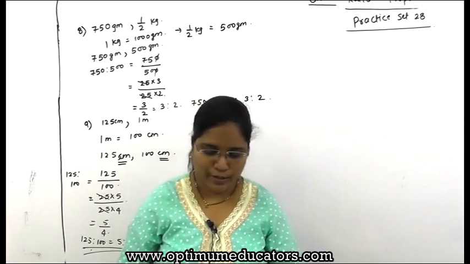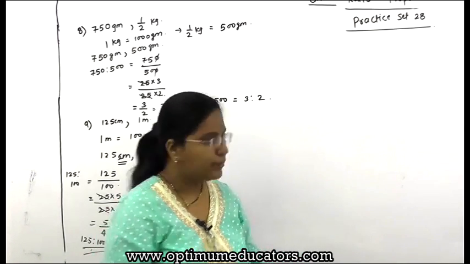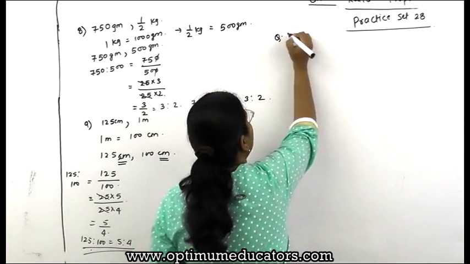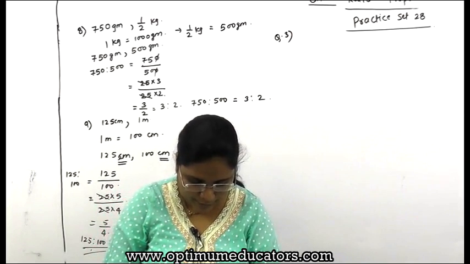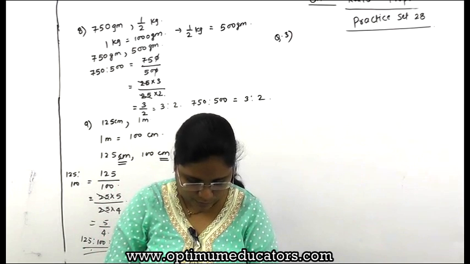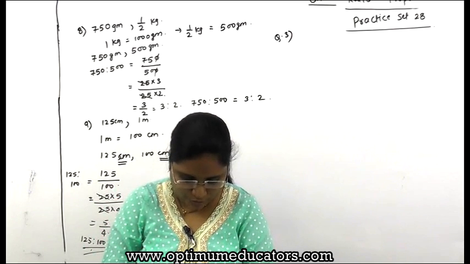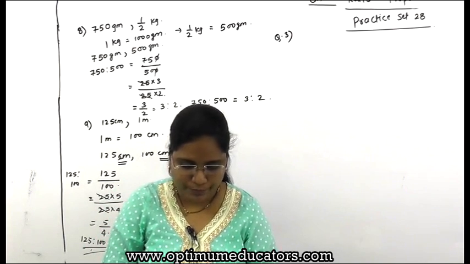So let us go for the third question. Question number 3. Rima has 24 notebooks and 18 books. Find the ratio of notebooks to books.